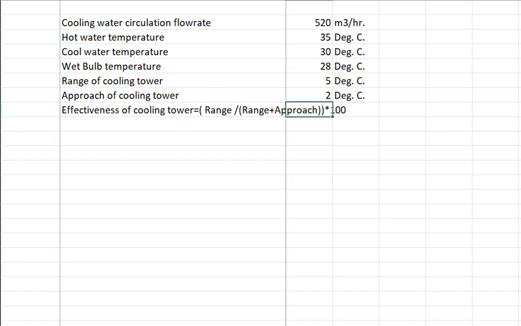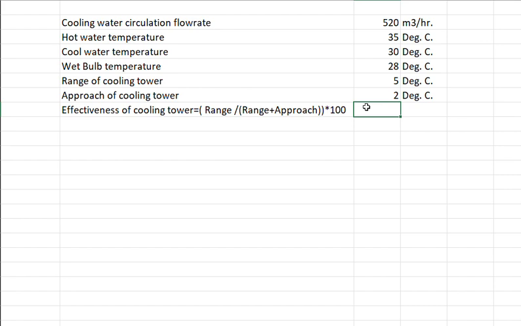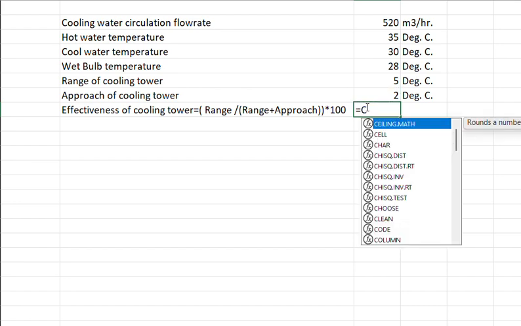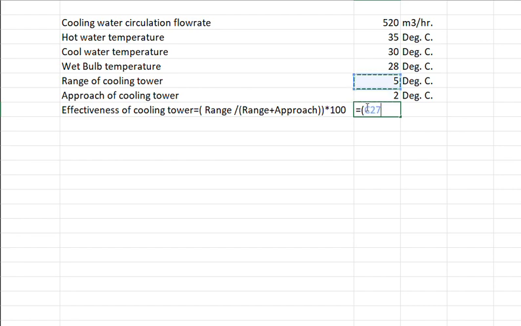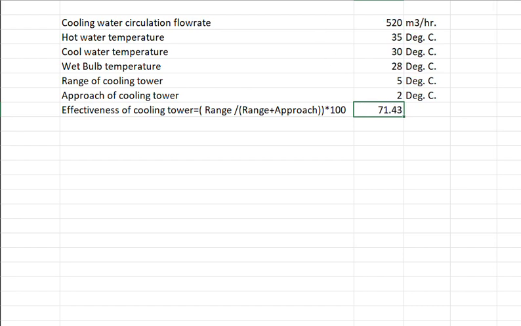Here we will calculate the effectiveness of the cooling tower which we have considered for the reference calculations: range divided by range plus approach, into 100, so that you get the efficiency or effectiveness of the cooling tower in percentage. I hope you got that much clarity till now.